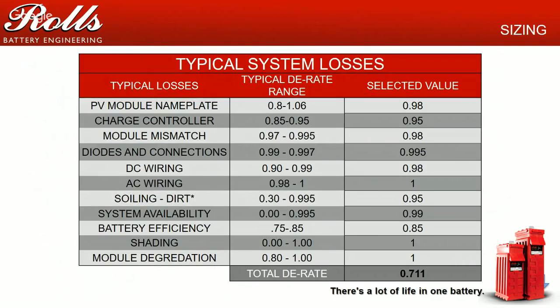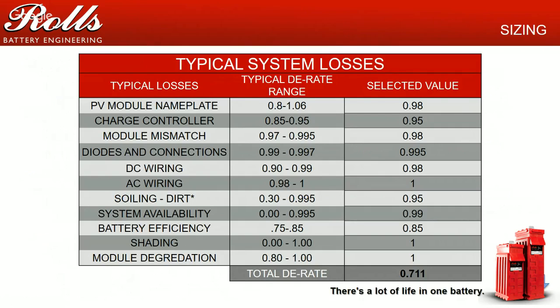Something I put in recently: if you go throughout the entire system and total up all the losses, the PV modules, typical derate range, depending on temperature, you're only getting about 80%. You can go up to about 106, 110%.